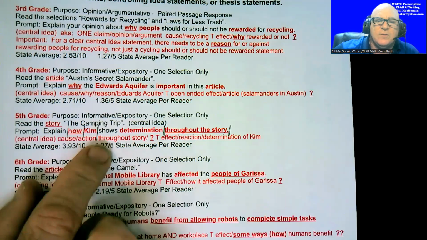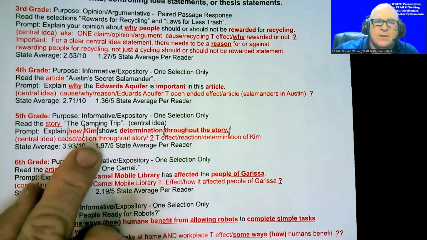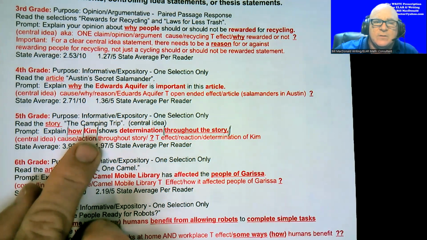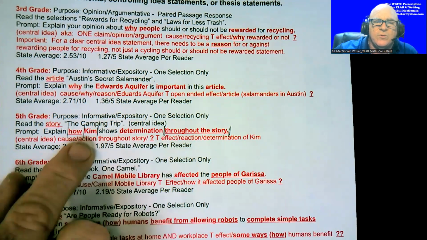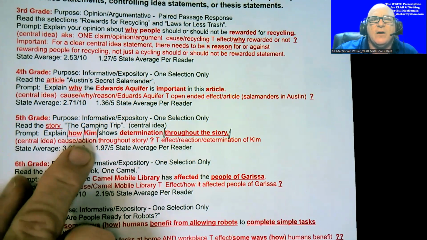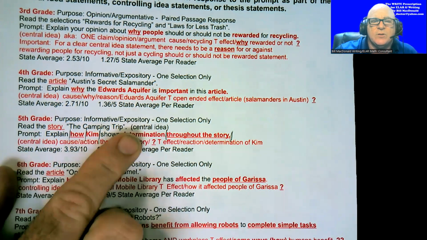So there needs to be a conflict, some sort of thing that happens. There's going to be an action that causes a reaction throughout the story. So usually it's some sort of conflict, something that happens in the plot that creates a need for determination.